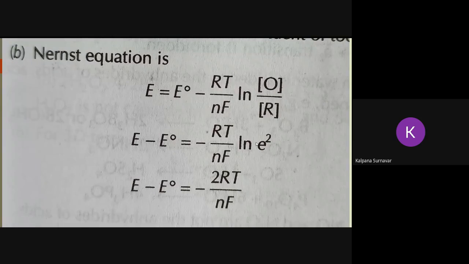When you check the answer of ln of e, it comes to 1. ln of e square becomes 2 ln e, and ln e is 1, therefore only 2 remains here. The equation is E minus E standard equals minus 2RT upon nF.